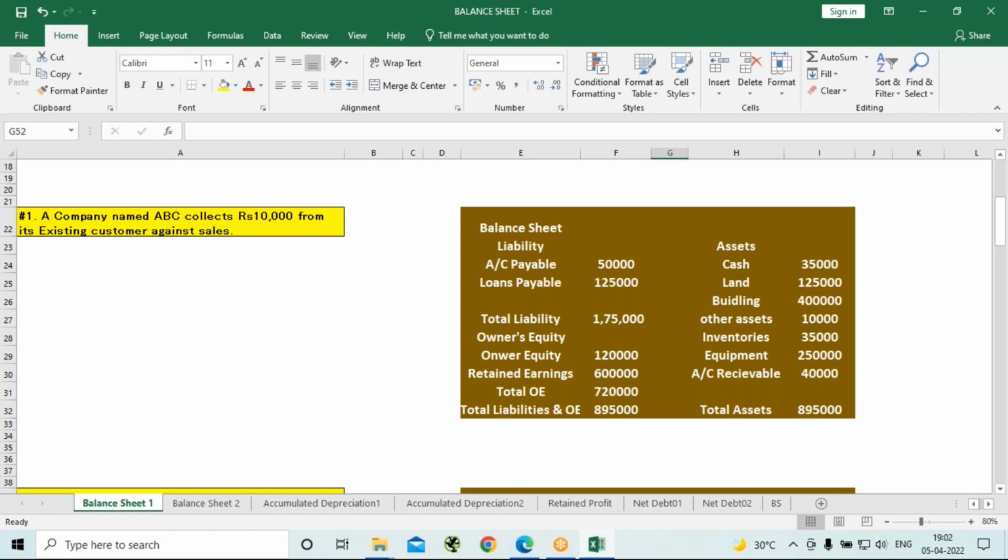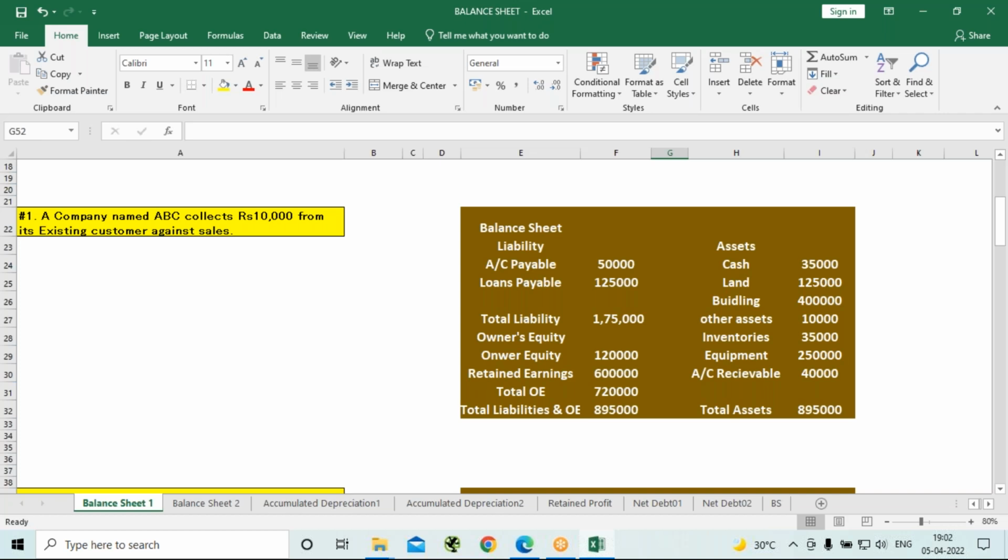So a company named ABC collects rupees 10,000 from its existing customer against the sales. So that means the company for which I am going to maintain the books of accounts has collected 10,000 rupees from its existing customer against the sales. Okay, so now whenever you receive money, it is going to be either in the form of cash or bank.